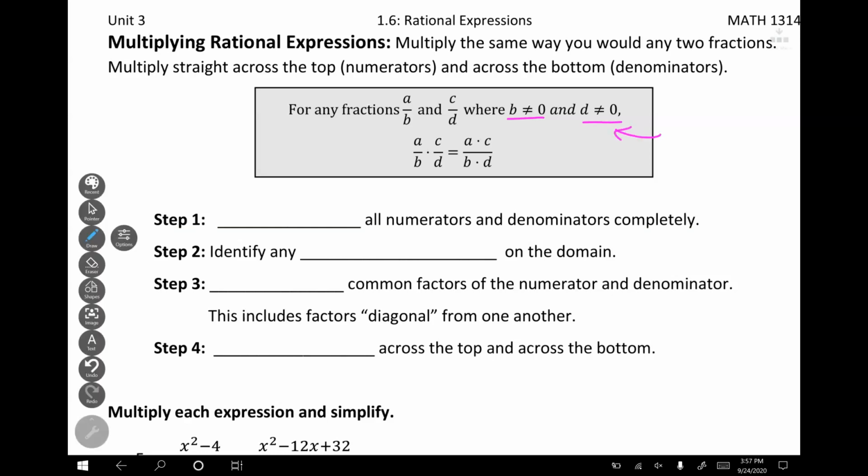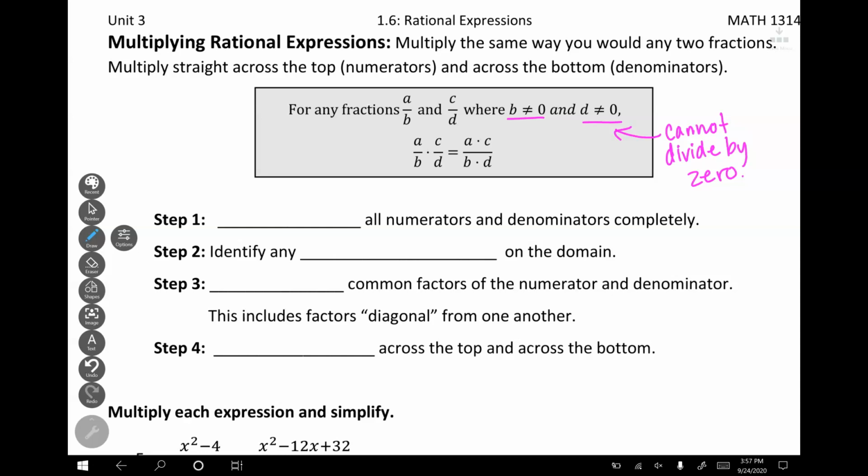So the reason that says that is because you cannot divide by 0. Okay? And so later on, when we deal with rational functions and things, we'll talk about the restrictions because of that.